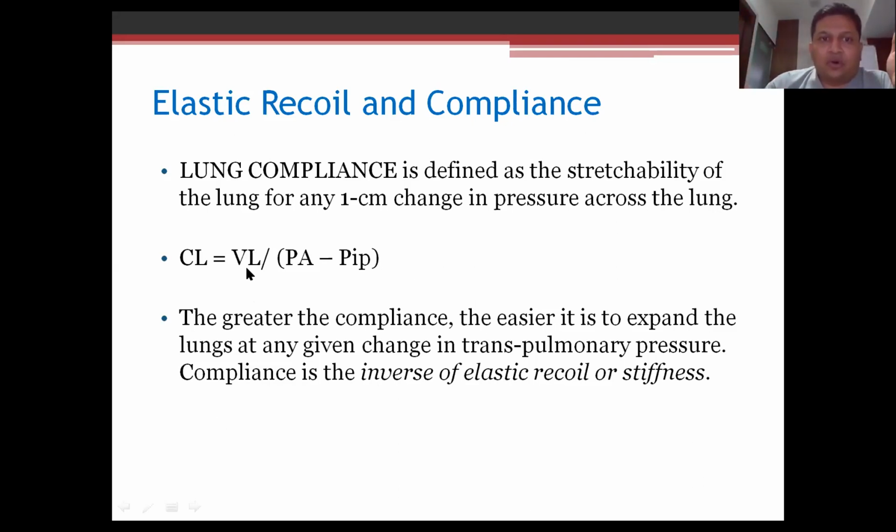So this is your lung volume, and this is the pressure difference between the airway and the pleura. The greater the compliance, the easier it is to expand the lung at any given time. The compliance is the inverse of the recoil. Compliance is the stretchability, and recoil is the stiffness, as the tissue comes back to its normal position.